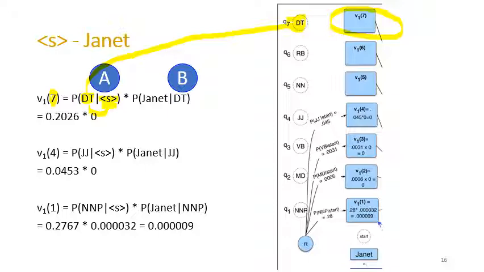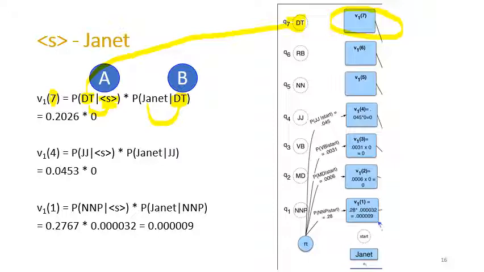We must multiply this value by the emission probability, which means that given that we believe the tag is a determiner, what is the probability it will produce the word Janet?